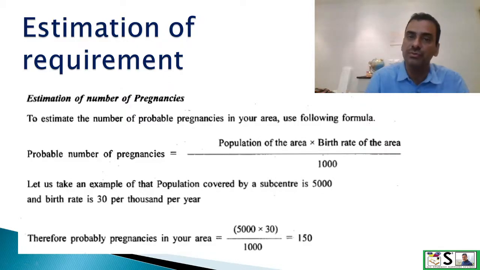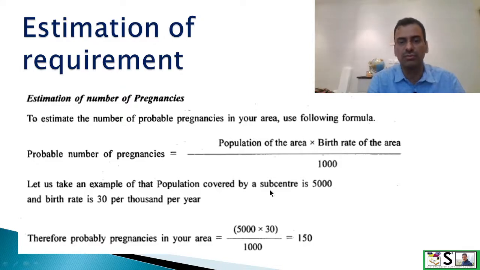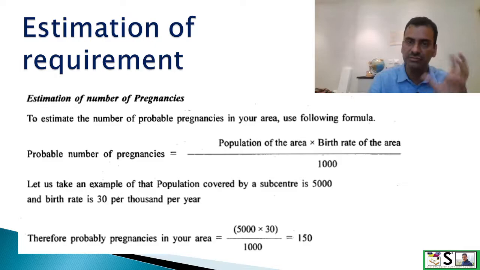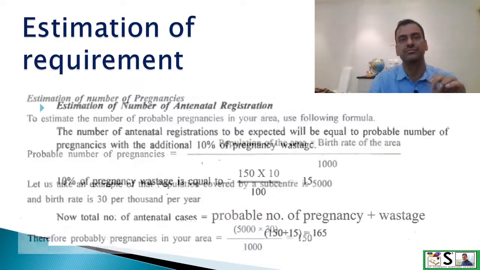For example, if the population of our subcenter is 5000 and the birth rate is 30 per thousand per year, then the pregnancies are 5000 times 30 divided by 1000. So a total of 150 pregnancies will be there in the year. This is a rough target.